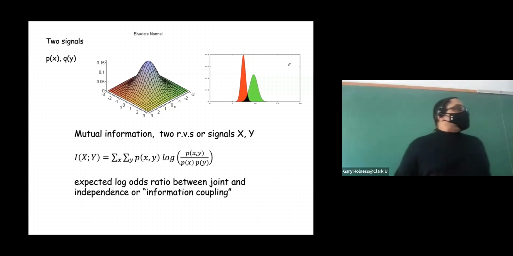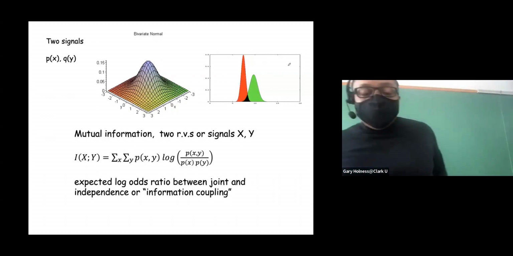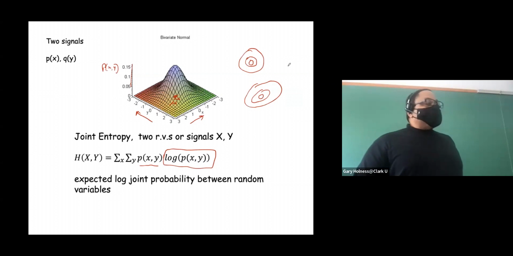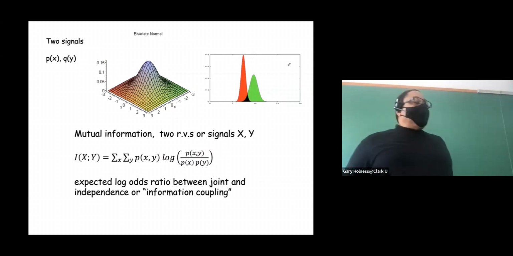Does that make sense? And so one of the things you'll see, it looks a lot like the joint entropy, except the log odds ratio is a little bit different, right? This log odds ratio, in the numerator, we have the joint probability with the assumption that they're not independent. And in the denominator, we have the product of the individual probabilities.